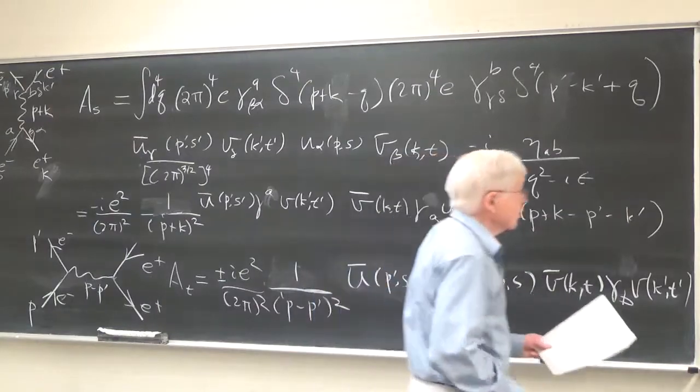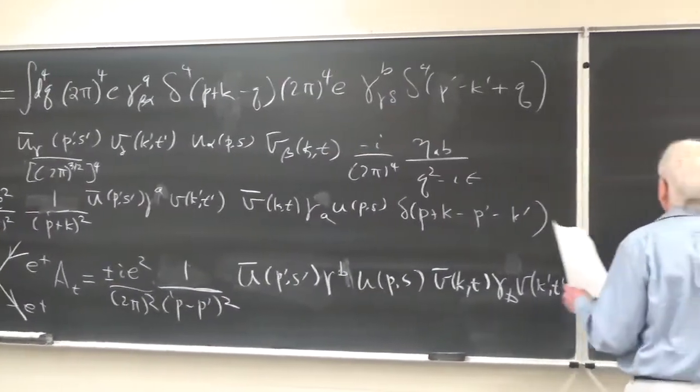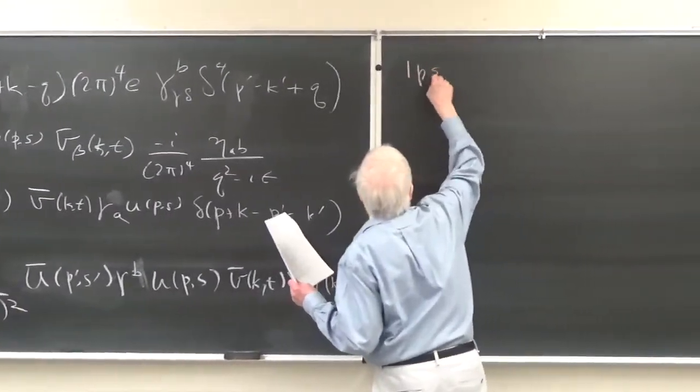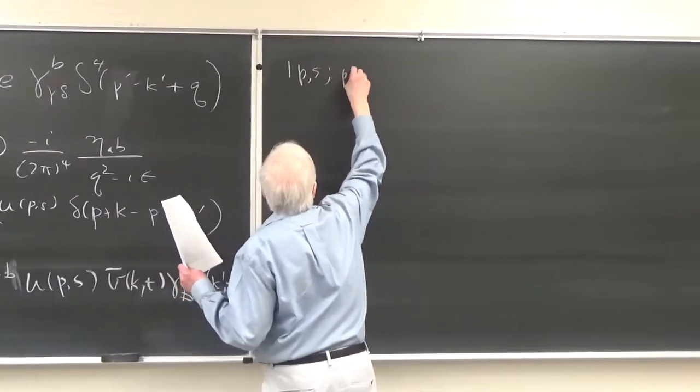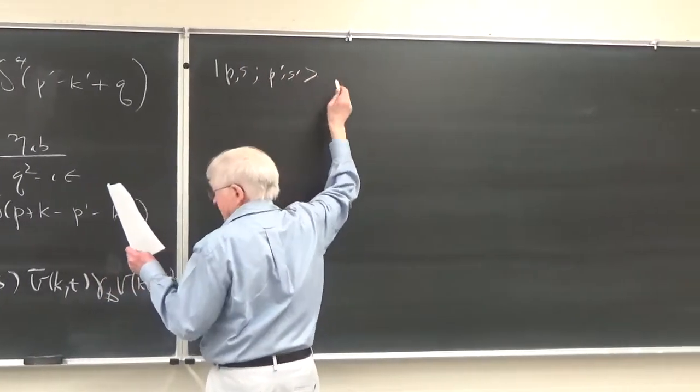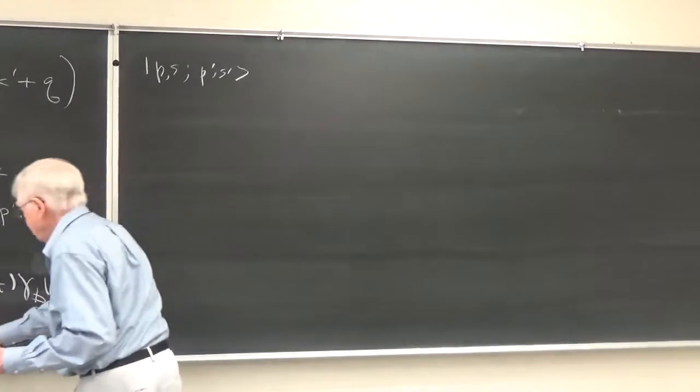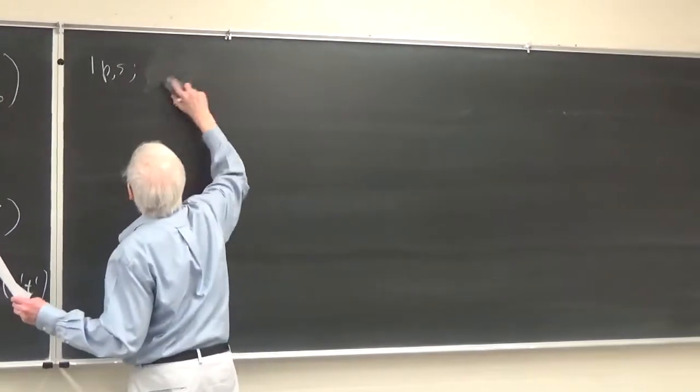Now the question is, what is going on? Well, the initial state is p, s, p′, s′. No, I'm sorry, it's p, s and k, t.